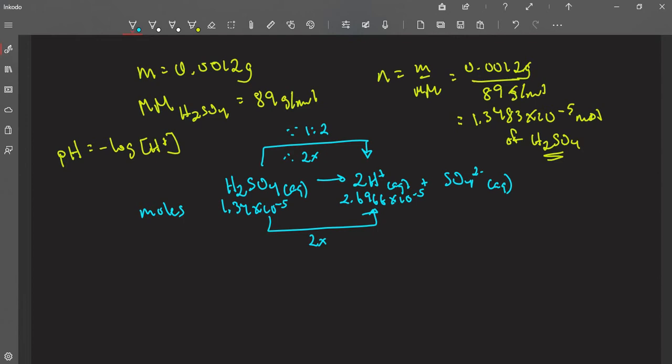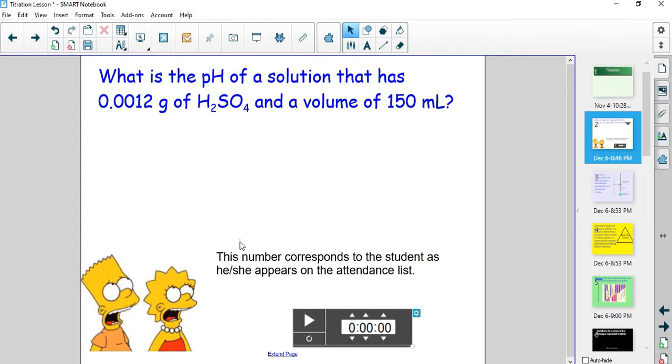Now again, we're not looking for moles of hydrogen, we're looking for the concentration of hydrogen. To figure out concentration, we need moles divided by volume. Well, we have 2.6966 times 10 to the negative 5 moles. The question says that we have 150 milliliters.